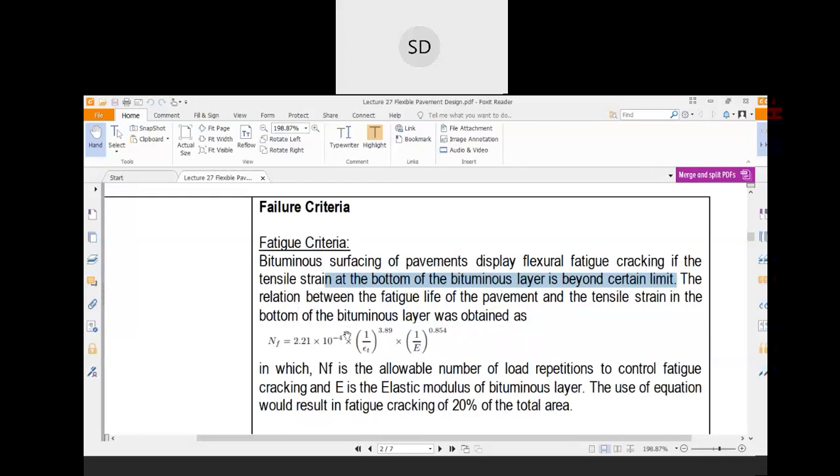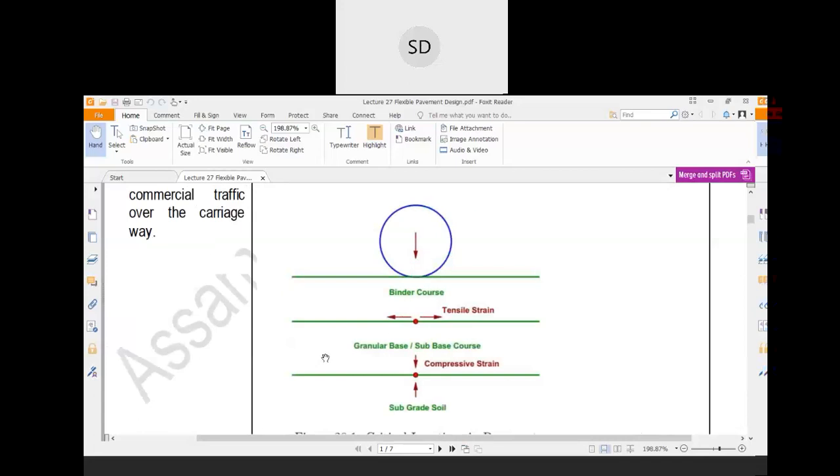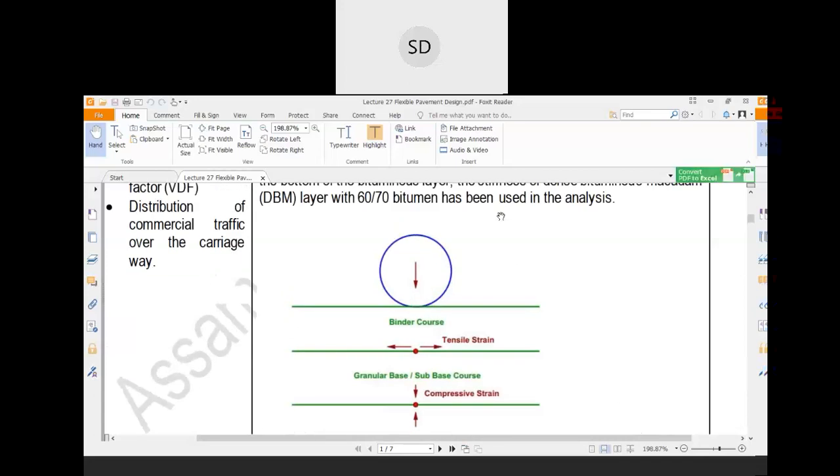Here, NF is the number of load repetitions. One thing you want to remember is that in pavement design, whether it is flexible pavement or rigid pavement, whenever you are testing in the laboratory setup, you don't impose any direct compressive stress or tensile stress over the pavement portions.